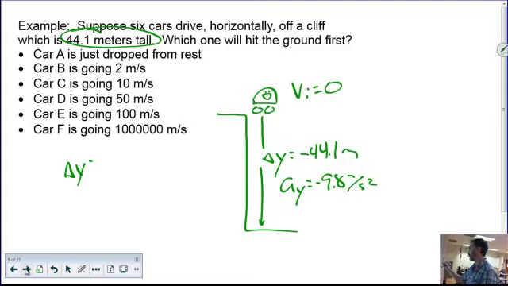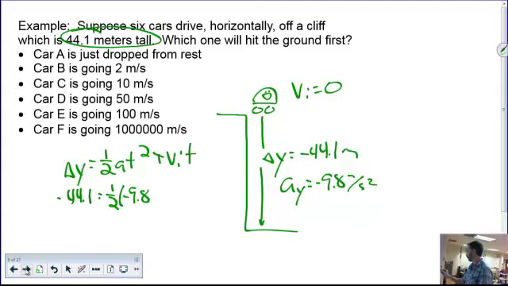So delta y equals 1/2 a t squared plus v_i t. Negative 44.1 equals 1/2 times negative 9.8 times t squared plus 0. And the time here ends up being 3 seconds.